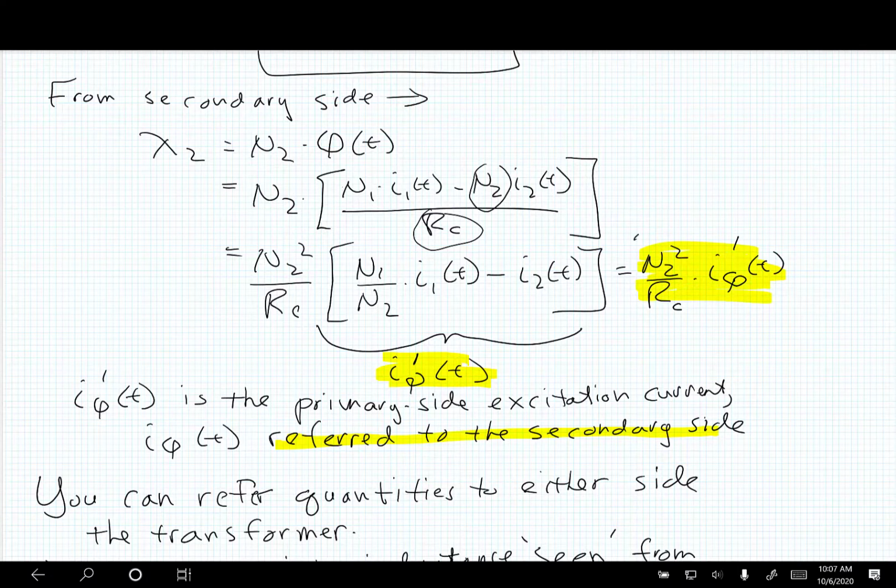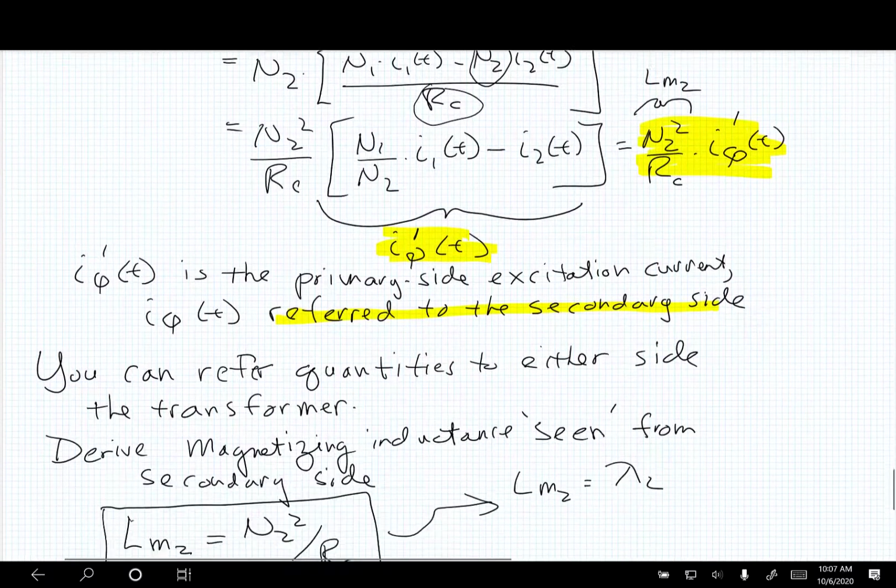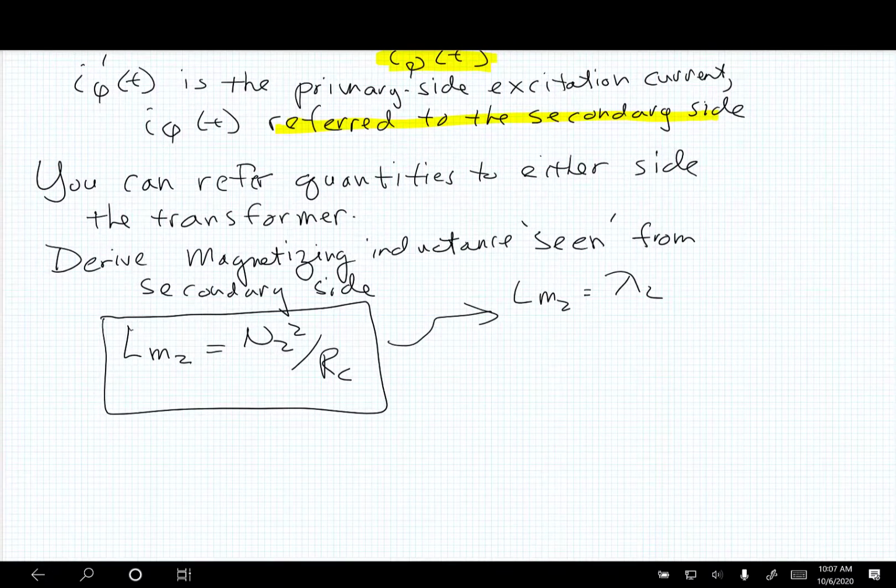This is an inductance, right? That's Lm2 right there, times that. And then what I've done is essentially divide out the secondary referred current to get that.